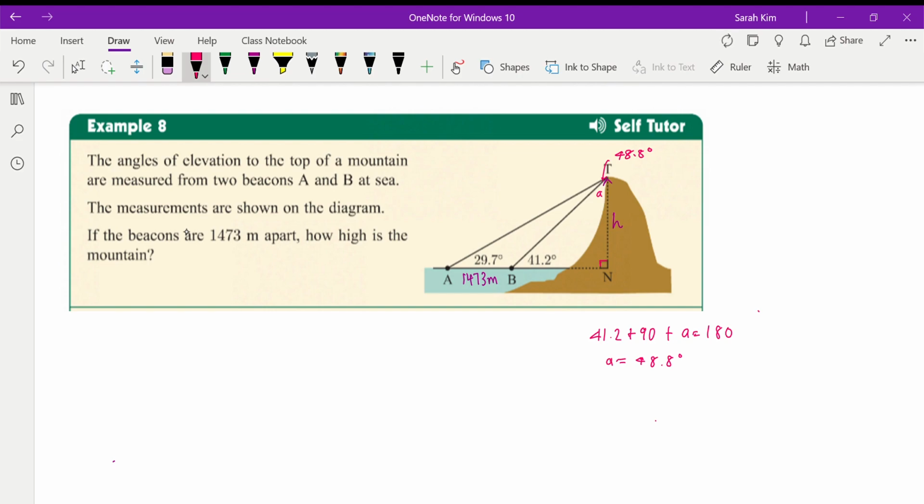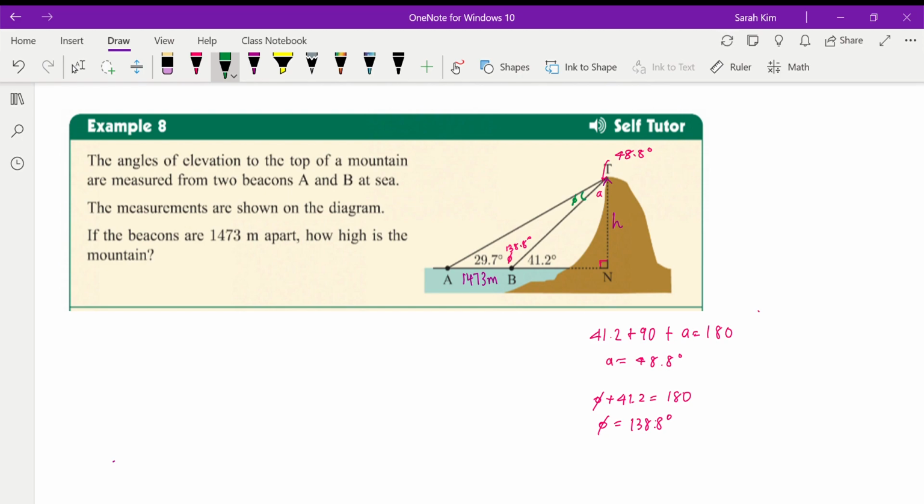What else can I find? Well, I should be able to find this angle B. Maybe I shouldn't call it B because it might be a bit confusing. I'll call it phi. So this angle should be 180 degrees. So phi plus 41.2 should be 180 degrees. So phi should be 180 take 41.2, which is 138.8 degrees. So I'm going to write that instead, 138.8 degrees. Now, because I found those two angles of a triangle, I should be able to find this one over here as well.